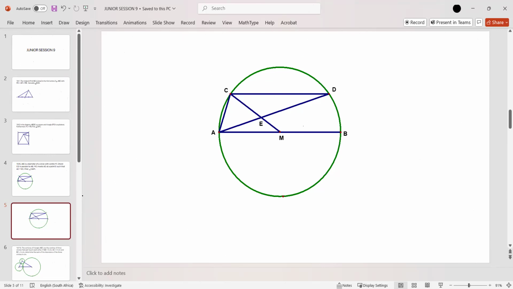We could have done that. But in that case, we would have had to join DB, and then angle ADB is 90 degrees. You can try that. I think it's a good exercise, using the fact that this is a diameter and that that's 90 degrees, you might still be able to come to the conclusion that that angle x is 18 degrees. Okay, let's get on to the next problem.